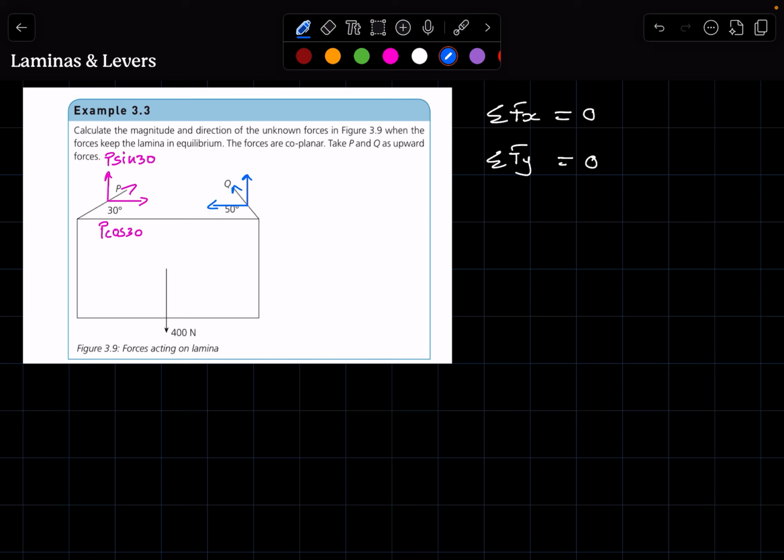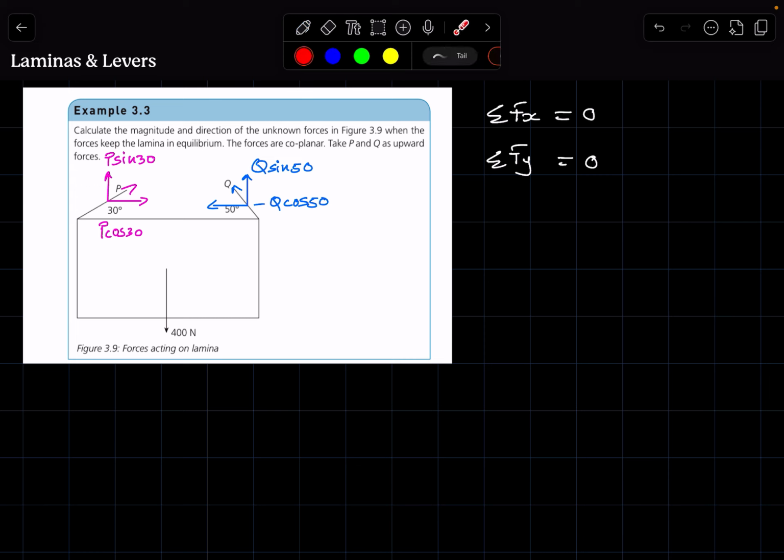The component of Q in the y direction is headed upward, so it's going to be Q sine 50. And the component of Q in the x direction, seeing that this one is headed west, in the negative x direction, we're going to take as negative Q cos 50.